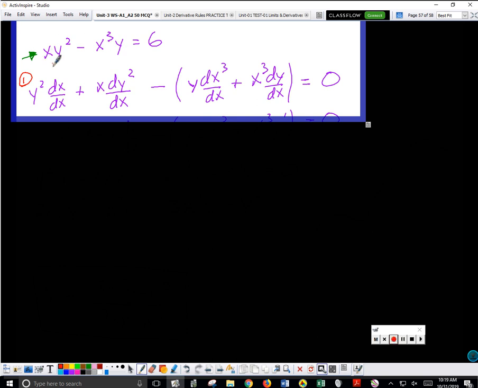So this one, using the product rule, becomes these two. So it's the second, y squared, multiplied by the derivative of the first, plus the first, that should be x, x multiplied by the derivative of the second. Questions to that? This is not new, this is just Unit 2 stuff.